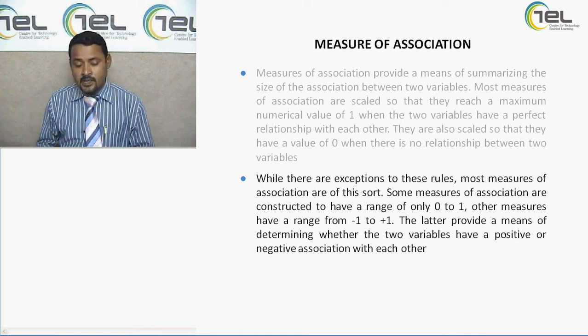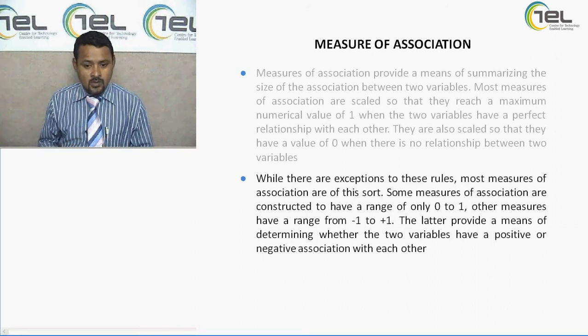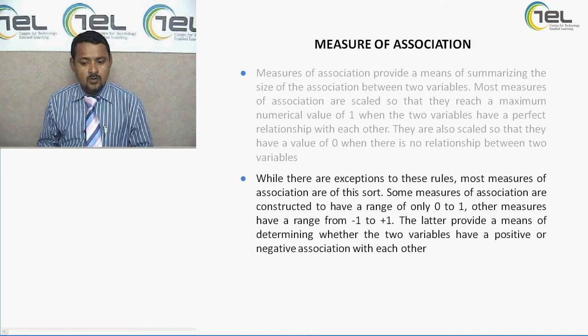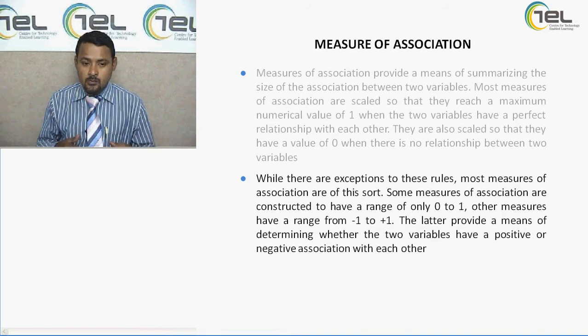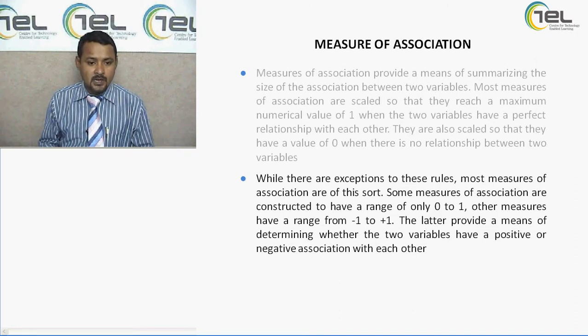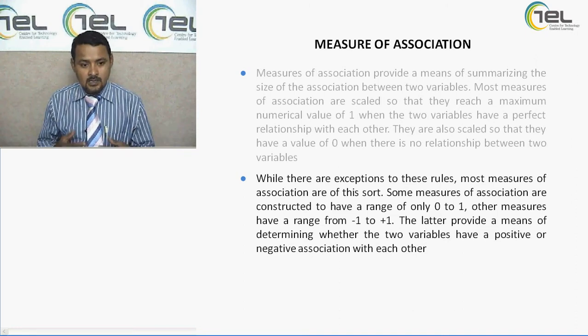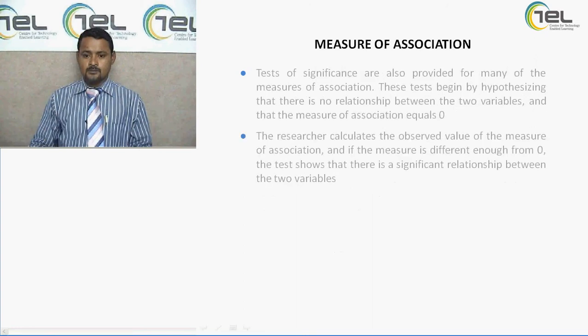When the range is starting from -1 and going on till +1, it provides a means of determining whether the two variables have a positive or negative association with each other. So measures of association is trying to bring out any kind of relationship that can happen between two kinds of definite variables, one being independent and the other being dependent.